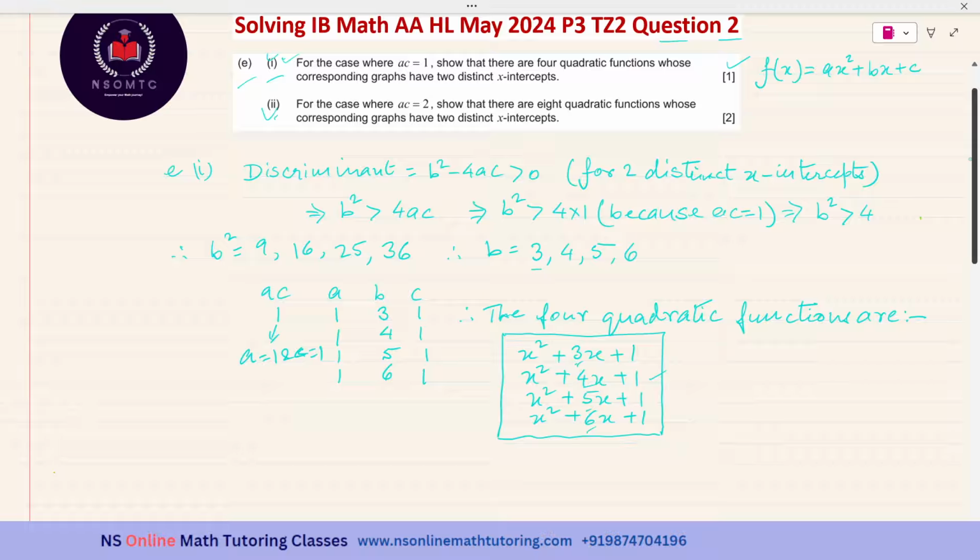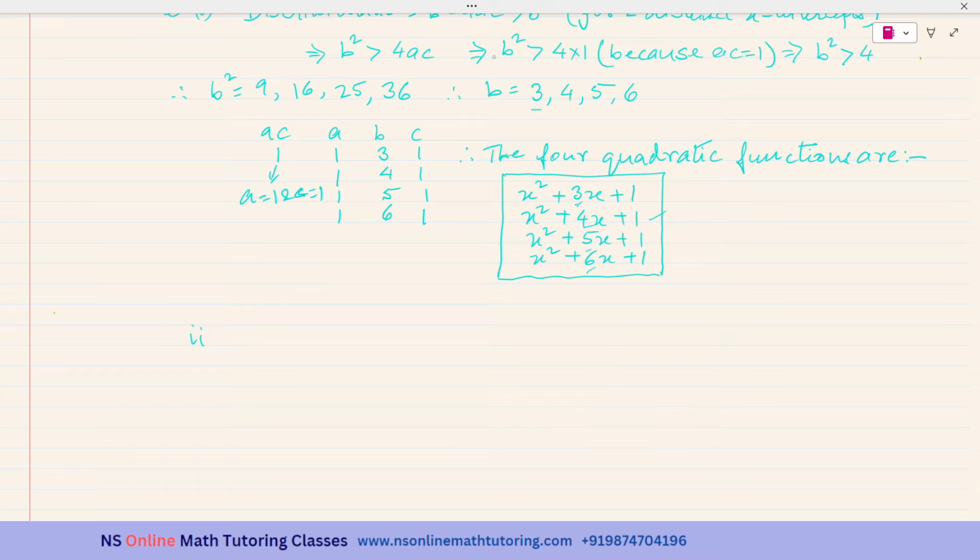Fine. Coming to part I, for the case where AC equal to 2, the product is 2. Show that there are 8 quadratic functions whose corresponding graphs have two distinct x-intercepts.